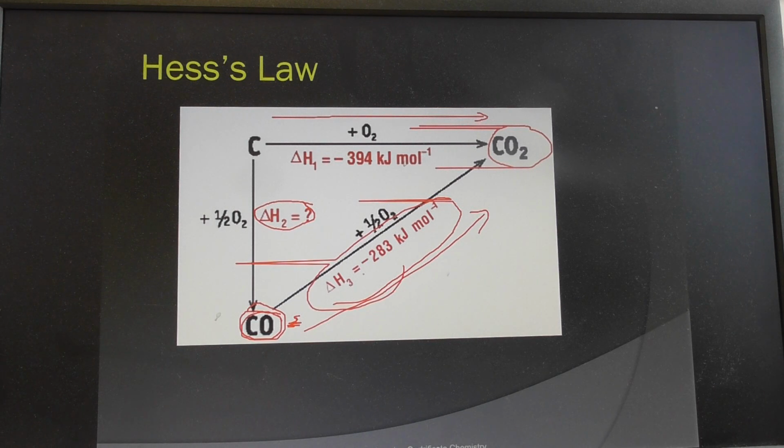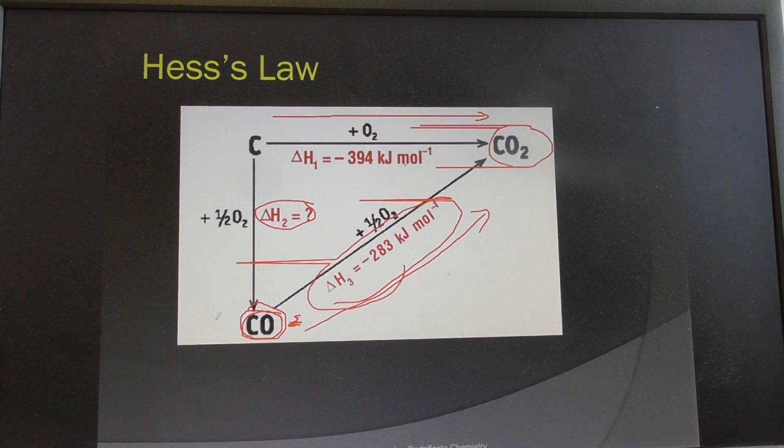Delta H3 is equal to minus 283. So that's the amount of heat given out going from carbon monoxide to carbon dioxide, because again it's minus. So it's an exothermic reaction as well. Now if we didn't know what this value is, we can calculate it.